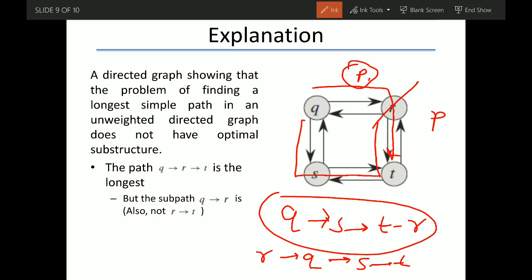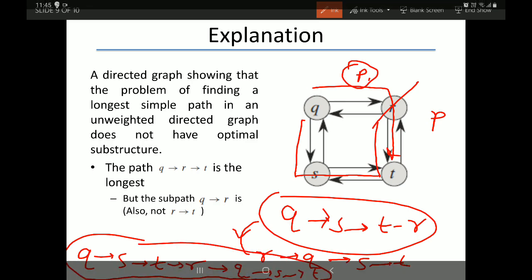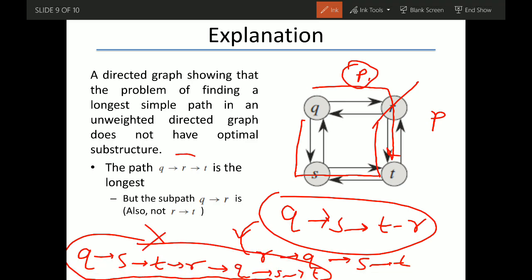And if we add these two paths, we get the longest path like this: Q to S, S to T, T to R, R to Q, Q to S, S to T. But this path is not a simple path. So our path Q to R to T was the longest.